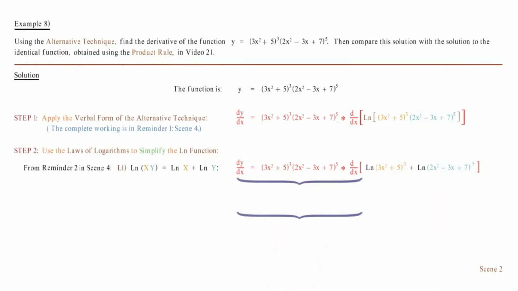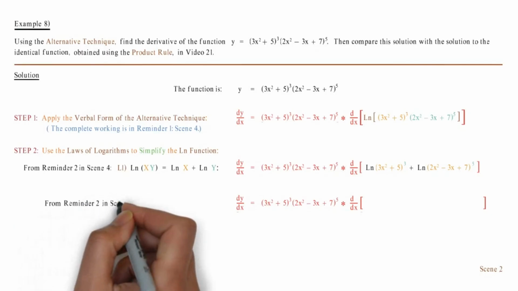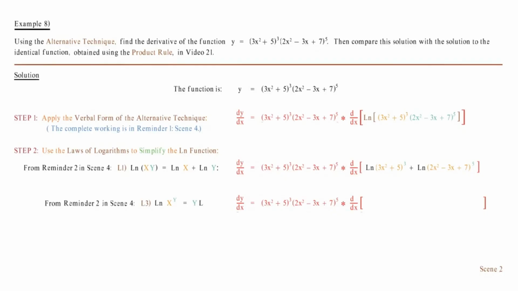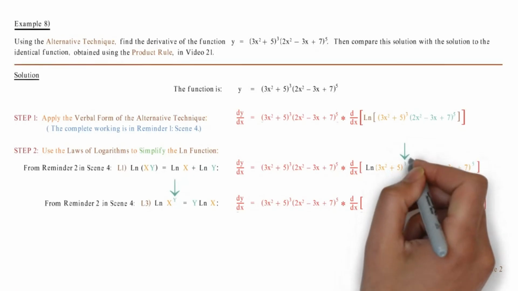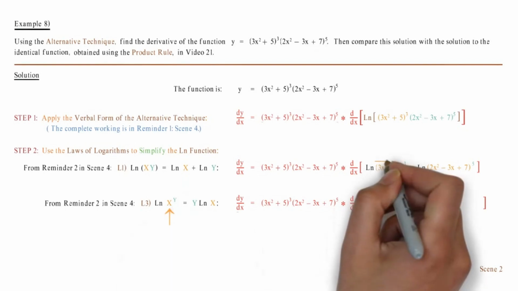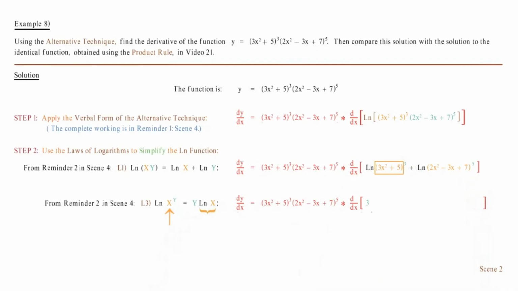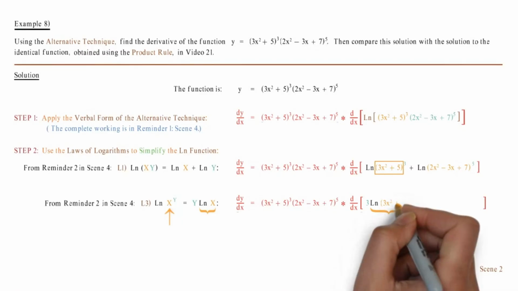Bring down. From Reminder 2 in Scene 4, since y is 3, replace y with 3. Since x is 3x squared plus 5, times ln of x is times ln of 3x squared plus 5.